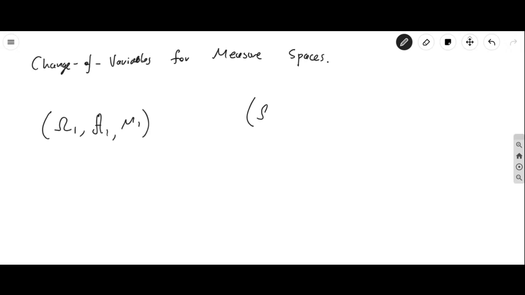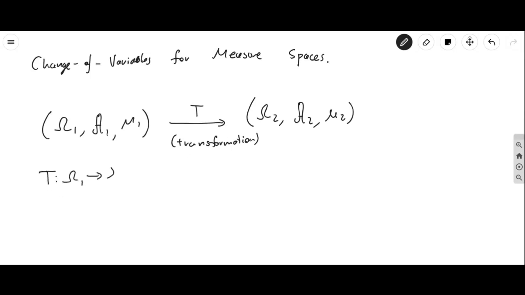And then you have another measure, another probability space or a measure space, however you want to put it. And you have a transformation. I'm going to call it T for transformation. So what do we mean by this? So here's what we mean. T is a map from omega 1 to omega 2. That's the first thing that happens.